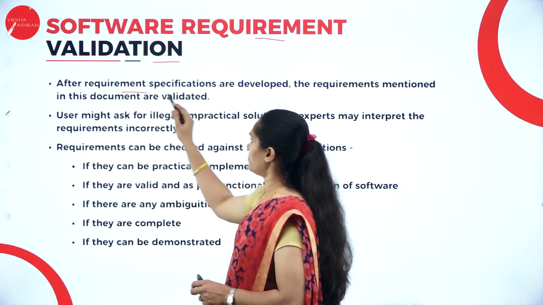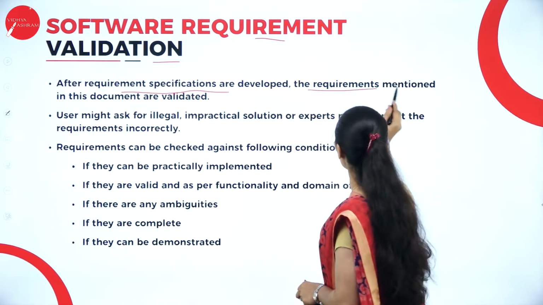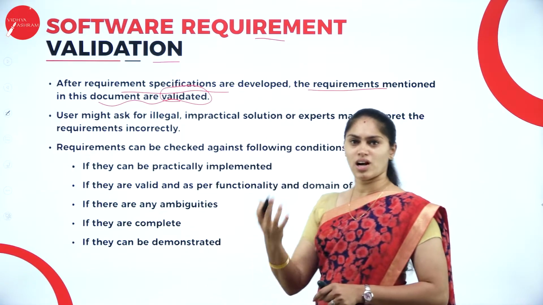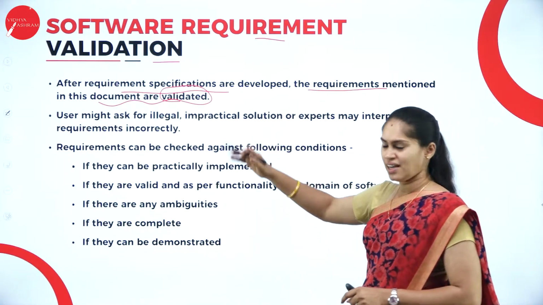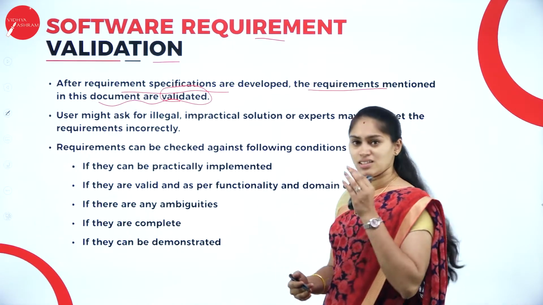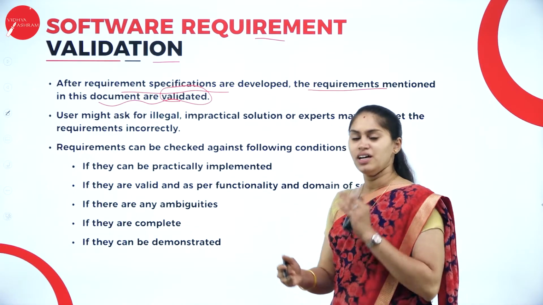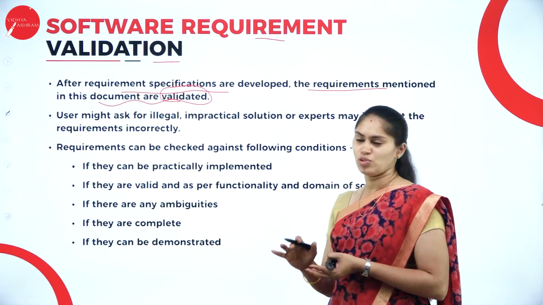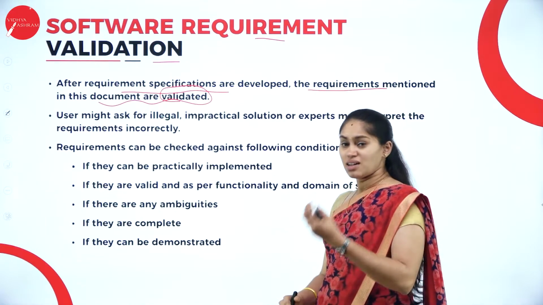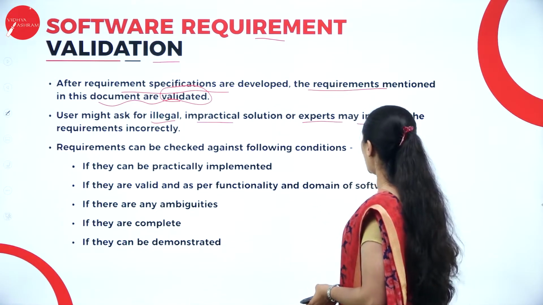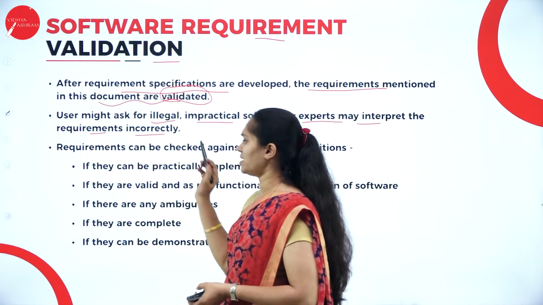After the requirement specifications are developed, the requirements mentioned in these documents are validated. Now everything is documented, it needs to be validated. It has to be tested whether this is what they are actually seeking. If they say no, then that requirement will be removed from the document, because sometimes users may ask for an illegal, impractical solution, or the expert may interpret the requirements incorrectly.